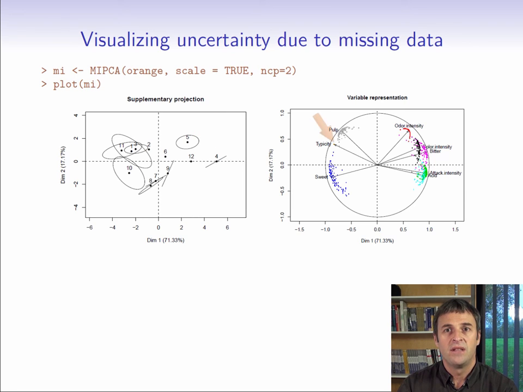Similarly, the typicity variable has no missing data values, whereas the suite variable has several, so there is uncertainty in its position. Each blue point corresponds to an arrow's tip for this variable. The cloud of blue points is quite spread out, which means we should interpret its position with care.